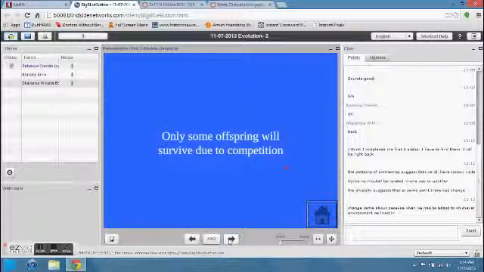environment. Yeah. And also they're going to compete with each other, right? The parents only have enough resources. Oh, sorry, go ahead. Okay. The parents end up having a whole lot of offspring, right? But they only have enough time and energy and resources to care for some of them.